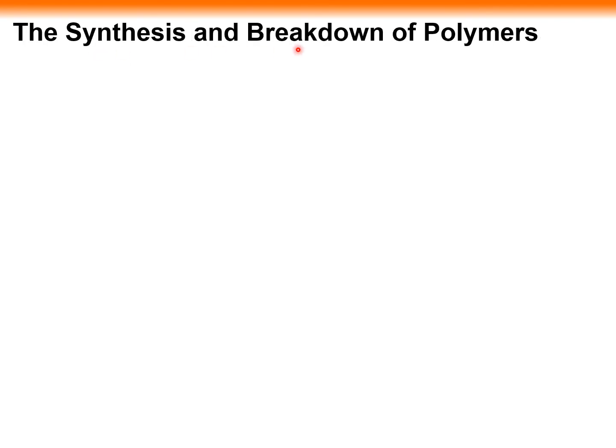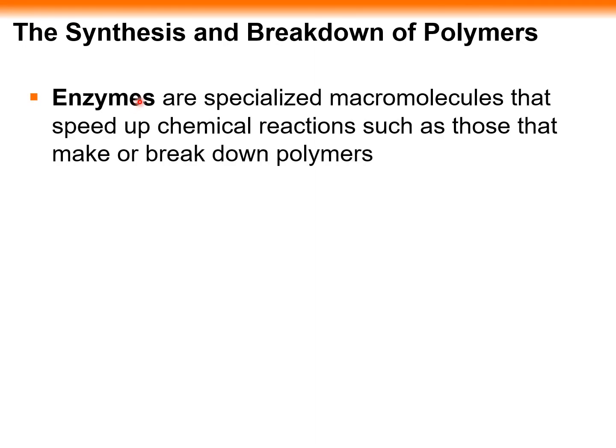The synthesis and breakdown of these polymers, specifically proteins, carbohydrates, and nucleic acids, use a common chemical mechanism. They use different enzymes because the enzymes are specialized for a given type of polymer and monomer reaction. But these enzymes all use an identical chemical reaction to do this.